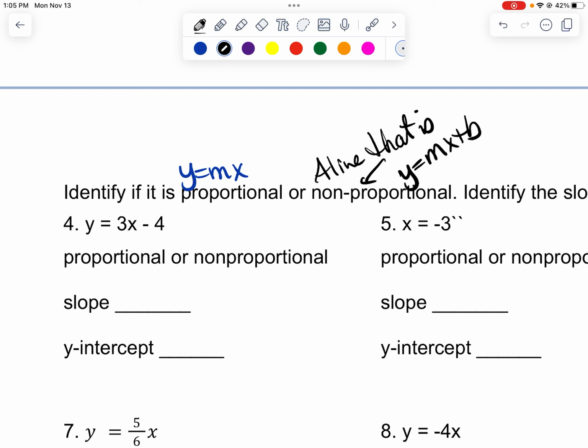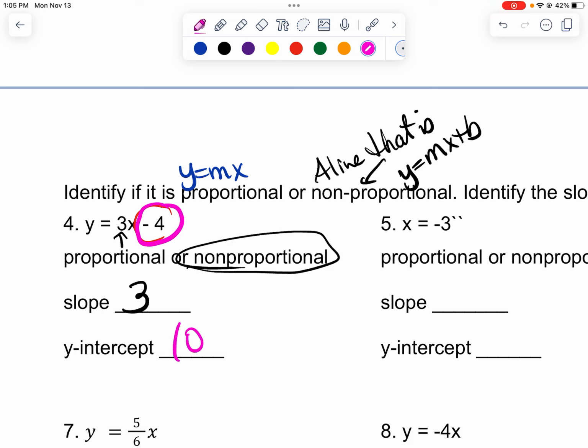So if I look at this first one, it is going to be non-proportional. My slope for this one is the number that's in front of x. My y-intercept, I remember I did pink for this. My y-intercept, I like to write it as a point, is -4.